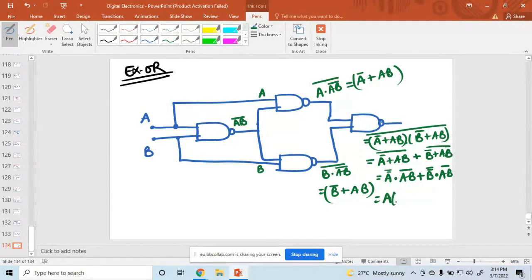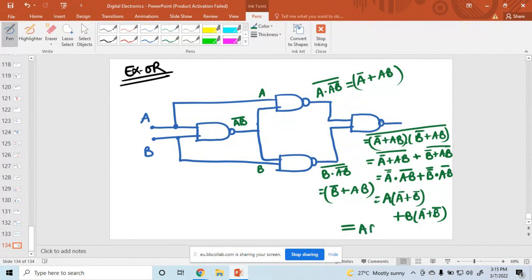So what is the value? A into A bar plus B bar, similarly plus B into A bar plus B bar, and just multiply this. A into A bar is equal to 0, and B into B bar is equal to 0.